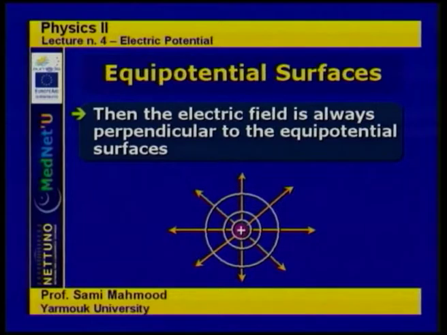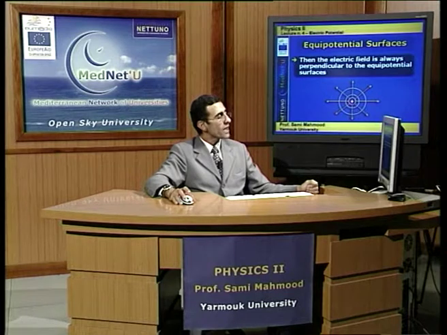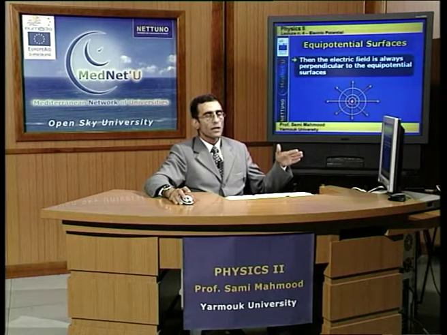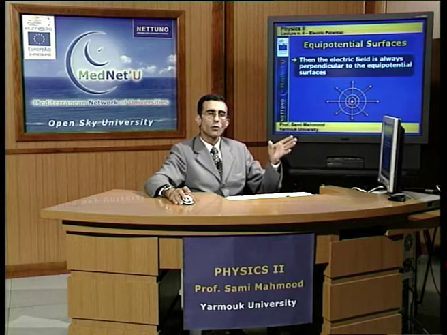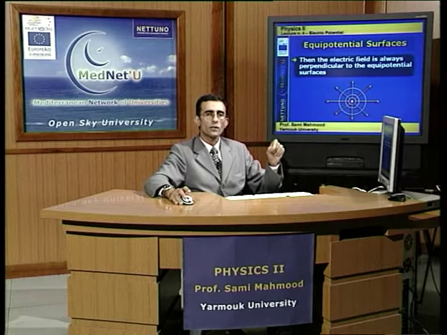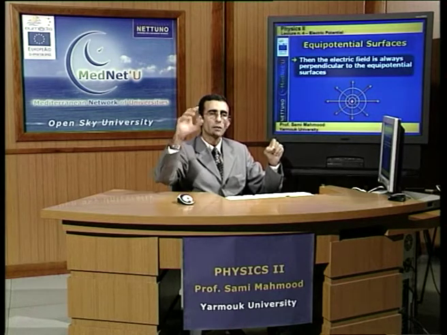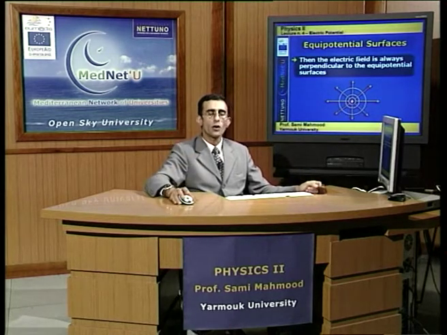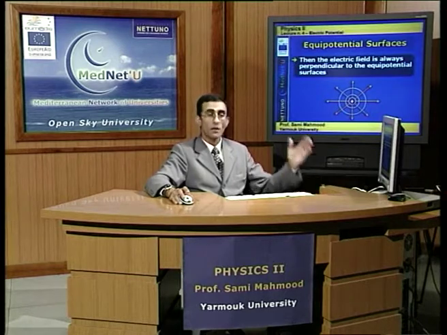At each spherical surface around the point charge, the potential is exactly the same, because the points on the surface are at equal distances from the point charge. That means if the electric field should be normal to the equipotential surface, the electric field of a point charge should be radial. And that is the same conclusion that we arrived at by a previous argument.